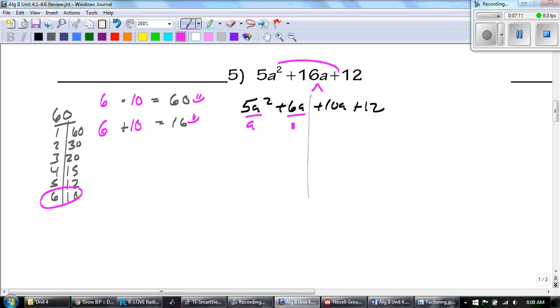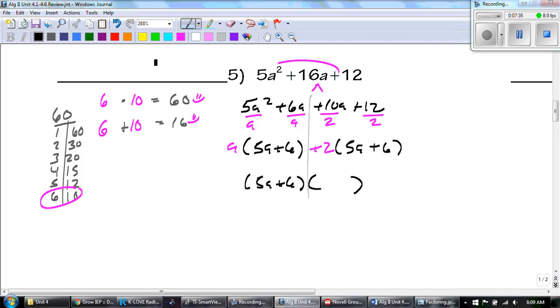The GCF of the first group is just an a, and I'm left with 5a plus 6. The GCF of the back, it's just a 2, and that was a positive 2. 10 divided by 2 is 5, 12 divided by 2 is 6, and we match. So we got 5a plus 6 and a plus 2.